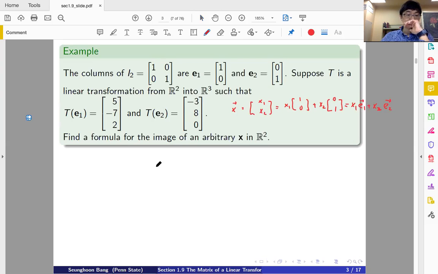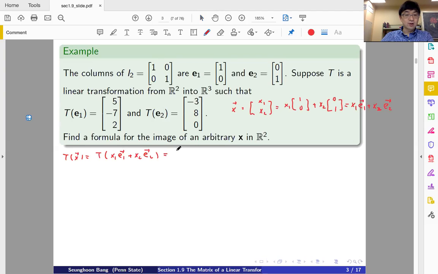So we can calculate Tx. Tx is the same as T of x1 times vector E1 plus x2 times vector E2.